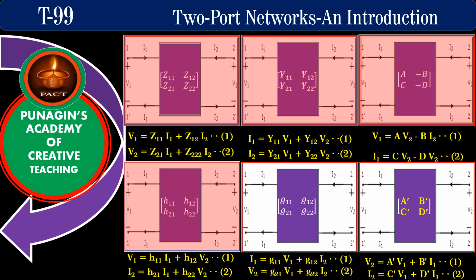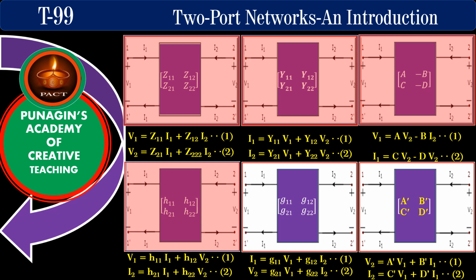So I don't think there is any difficulty in remembering these three. The first one, Z: V1 and V2; Y: I1 and I2; ABCD: V1 and I1. But only in H, you have to remember that the dependent variables are V1 and I2: voltage at the input port and current at the output port.